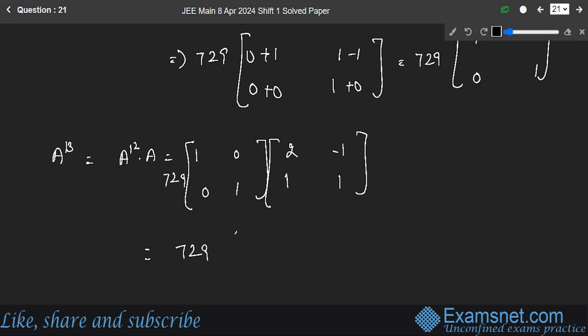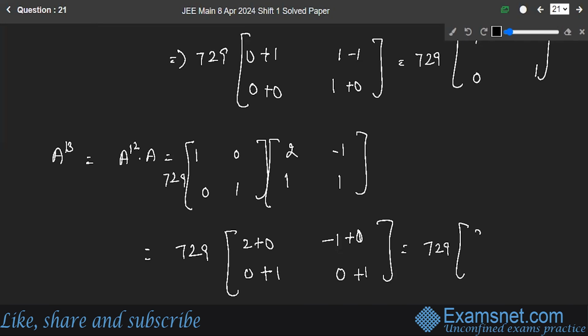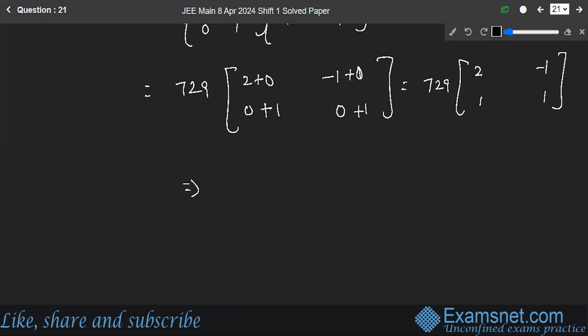So this is 729, 2 plus 0, minus 1 plus 0, 0, 1, 0, 1. So 729, 2, 1, minus 1, and 1. Let's do the multiplication. You will have 1458, 729, minus 729.